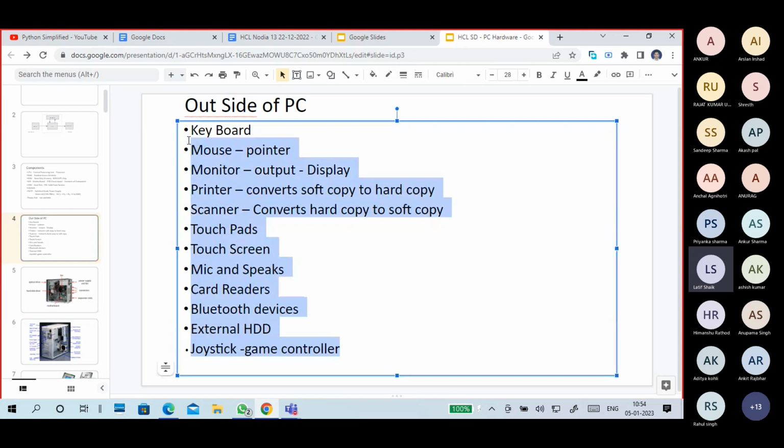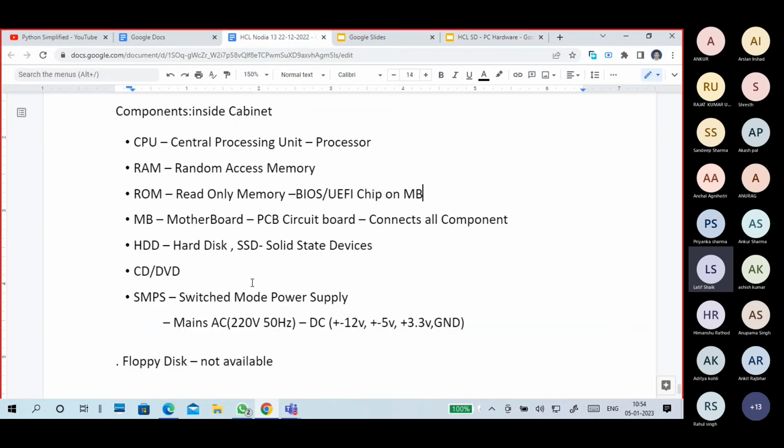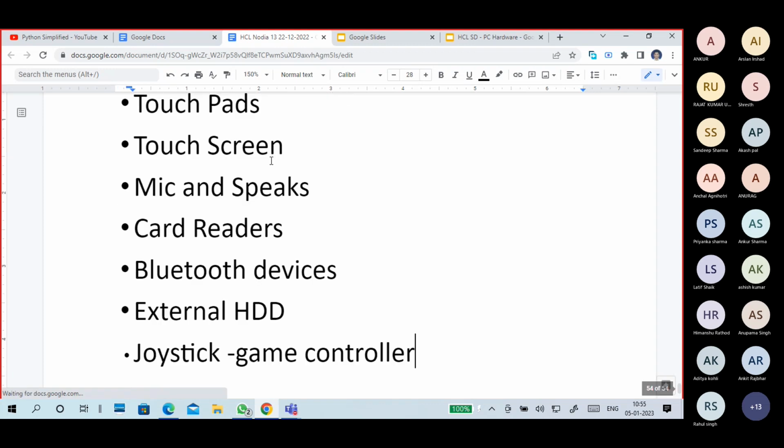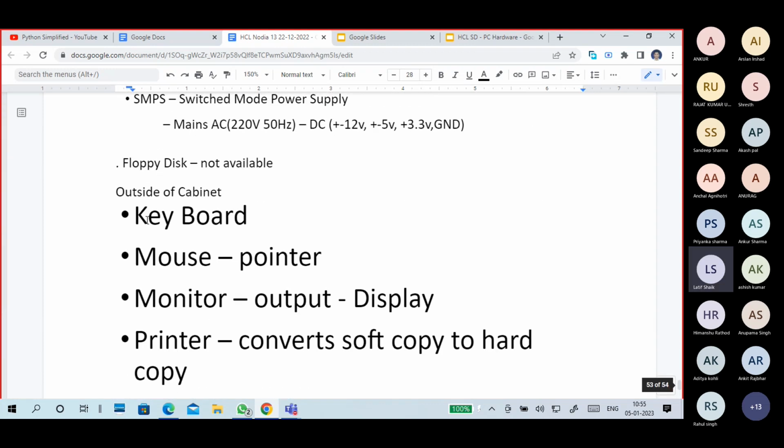So this I already told. Inside a cabinet, what are the components? Now, what are the components outside of the cabinet? These are the kind of stuff.